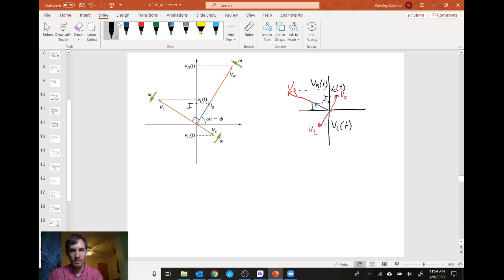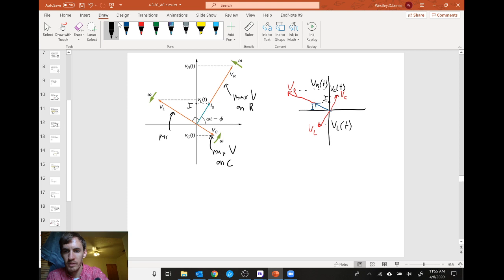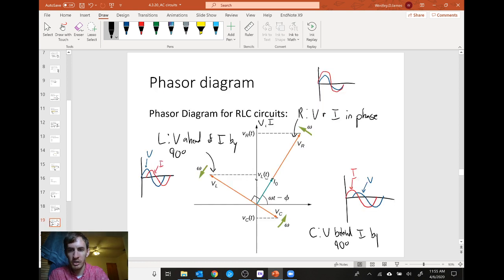Okay, and you may be like, well, why don't we just use the magnitudes of these? These voltage vectors are constant, and these represent the max voltage on the resistor, max voltage on the capacitor, and the maximum voltage on the inductor. Because the maximum value is the peak, the amplitude, but you see here the voltage changes with time.